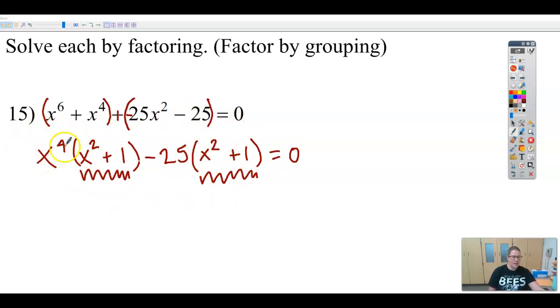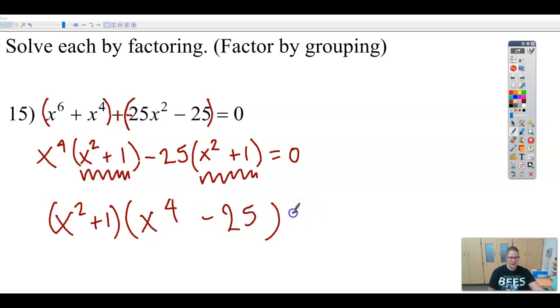Because x to the 4th is multiplied by x squared plus 1, and negative 25 is multiplied by x squared plus 1, my common factor is x squared plus 1. I can pull it out in front of the parentheses, and what is left is x to the 4th minus 25, and then everything equals 0.